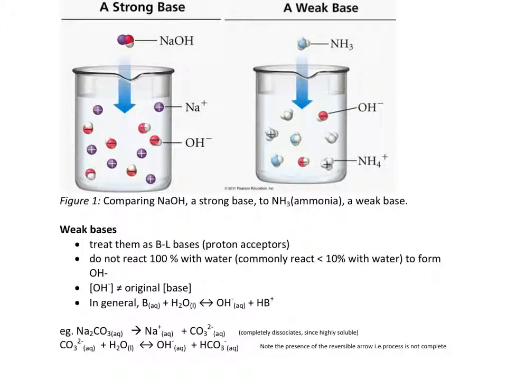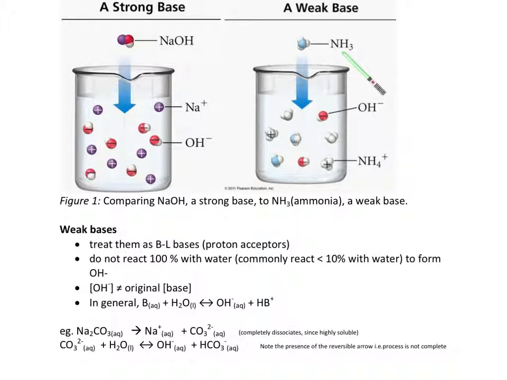So unlike strong bases, weak bases are treated as Bronsted-Lowry bases, meaning that we treat them as substances that are capable of accepting protons. The difference here is best seen when we take a look at ammonia.